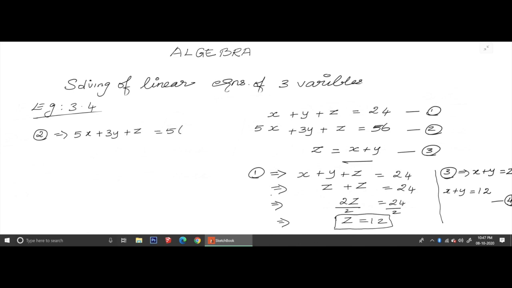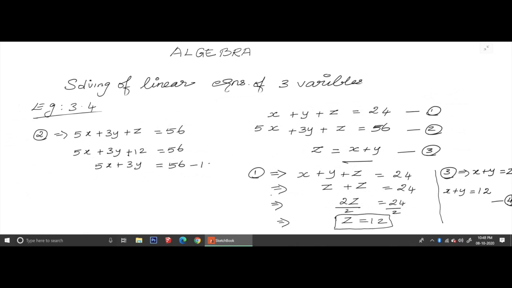And here we can substitute 12 in the place of z. So it becomes 5x plus 3y plus 12 is equal to 56. And now it is 5x plus 3y is equal to 56 minus 12.